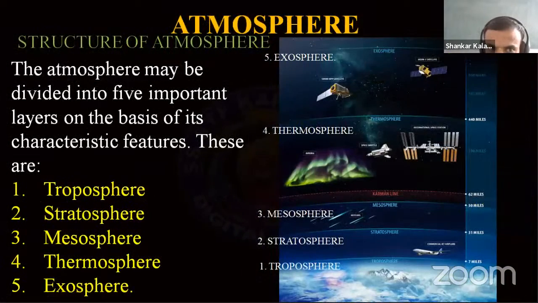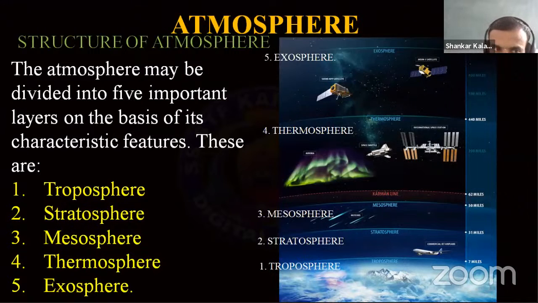Next, we are going to discuss the structure of the atmosphere. The atmosphere may be divided into 5 important layers, on the basis of its characteristic features.